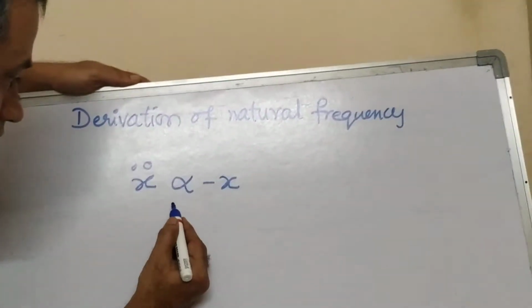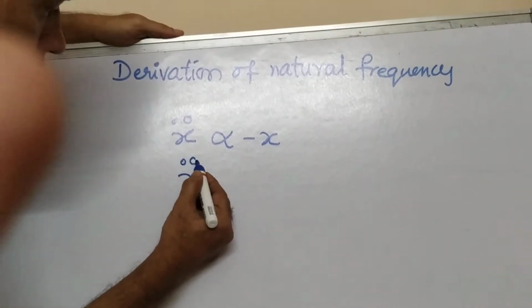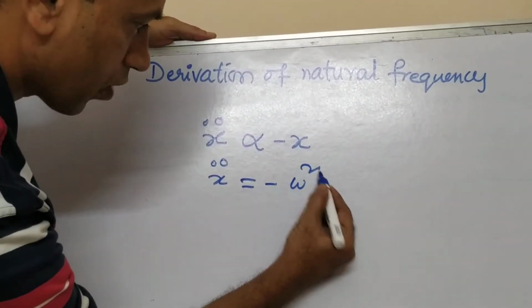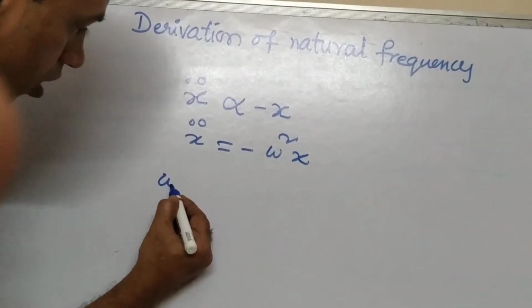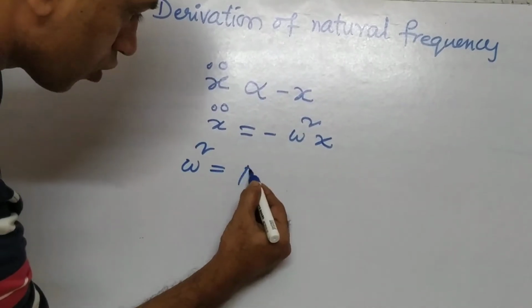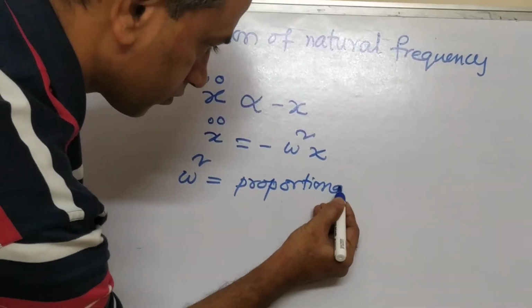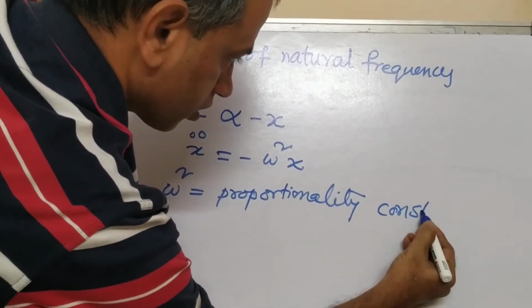So then to remove the proportionality, we say x double dot is equal to minus omega square. Omega square is a proportionality constant.